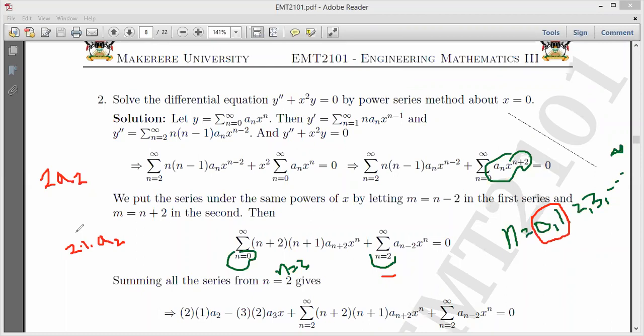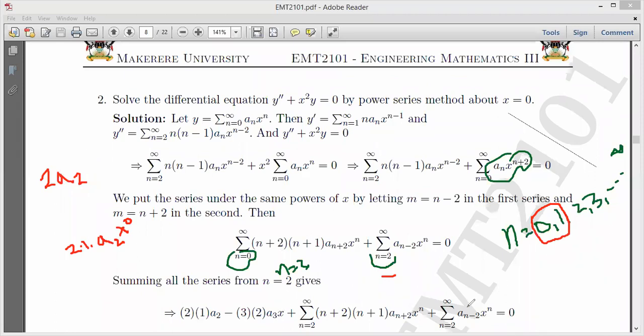So we have 2a2. This one gives us 2a2. And since we have 2a2, that is for n. Of course, this is 2a2x to the 0. So that one is already dealt with, but x to the 0 is 1. So we have 2a2. That's what we have up there.